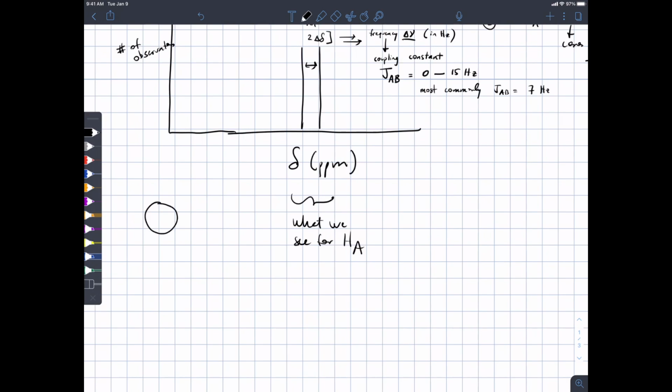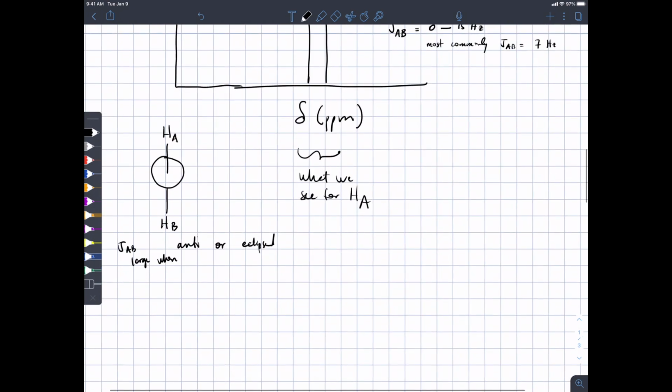Orbitals appear to be involved in the coupling process because coupling constants are largest when protons are anti to each other, and they are next largest when protons are eclipsed to each other. That is, when the bonds are aligned and the orbitals are aligned.